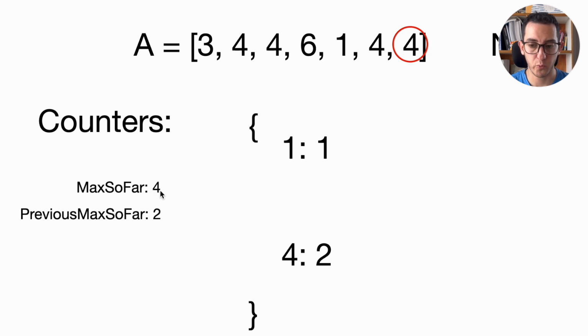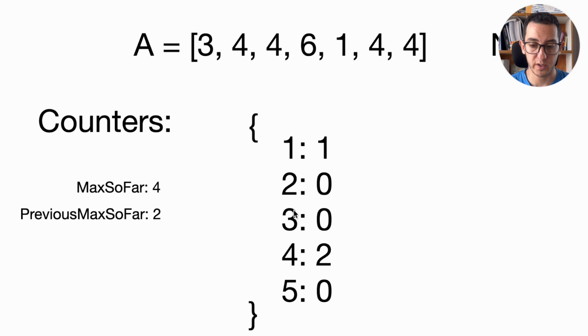Now when we are finished, we are going to build our results array, where we are going to add all the items that are missing, all the keys that are missing, and we are going to add to each one of these this previous max so far, which is the count of the last time that we maxed out all the counters.